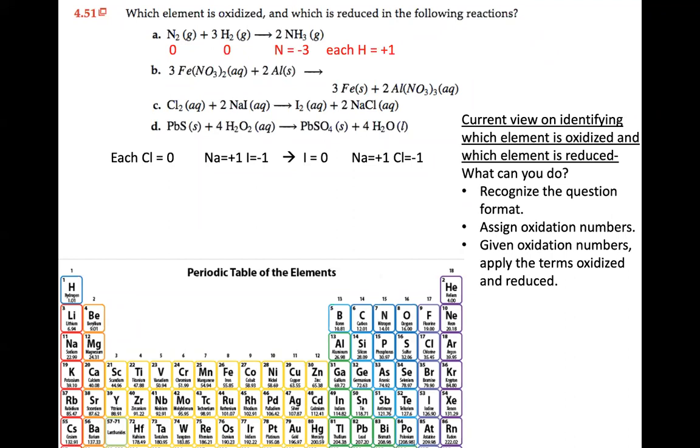And if you know the oxidation numbers, can you apply the terms? Take about 10 more seconds.